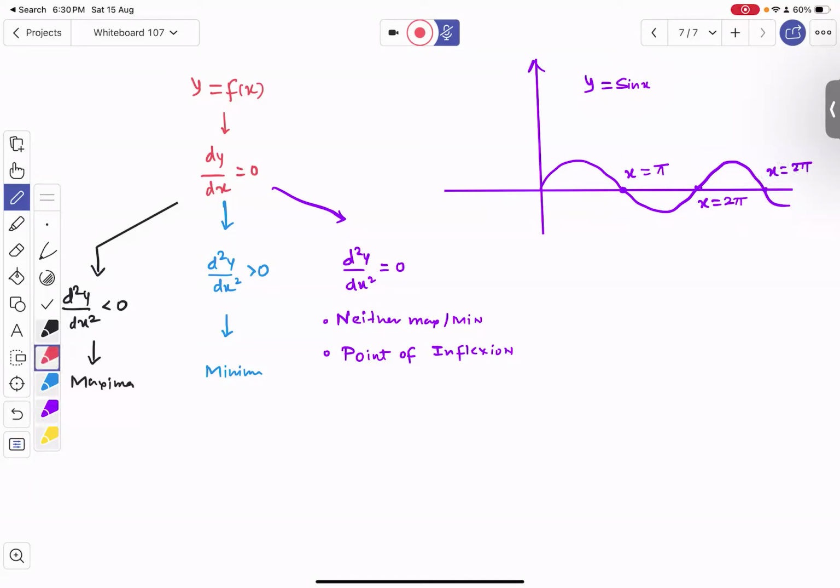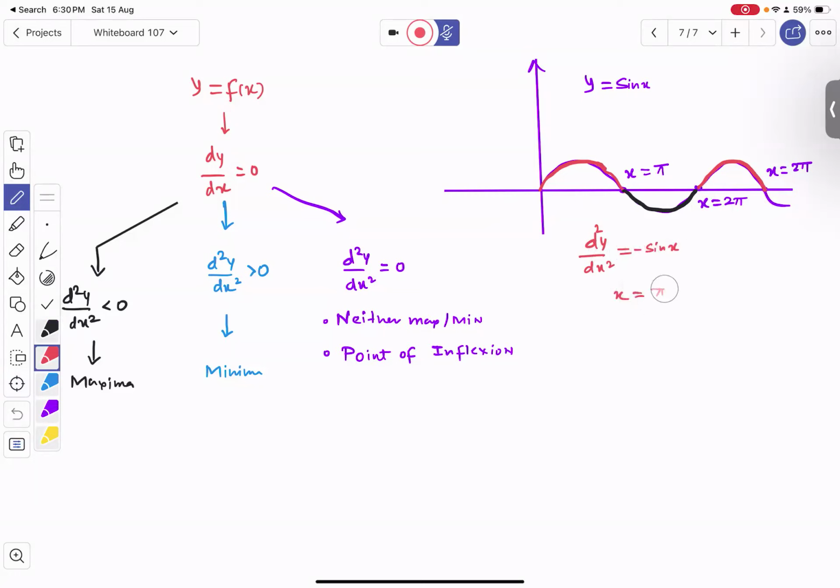Just before x equals pi, you see what kind of shape it has. This red part, concave down. Just after x equals pi, what kind of shape does it have? Concave up, no? Then concave down. Just before x equals 2 pi, concave up. And just after, concave down. And we know the double differentiation of sin x is minus sin x.